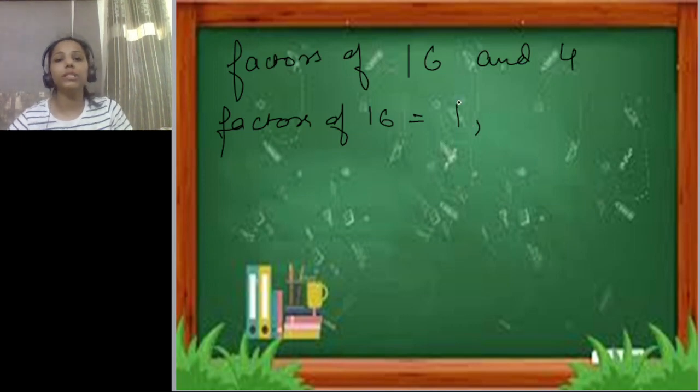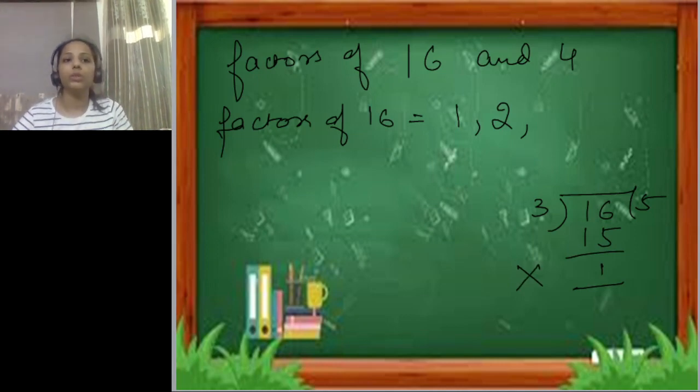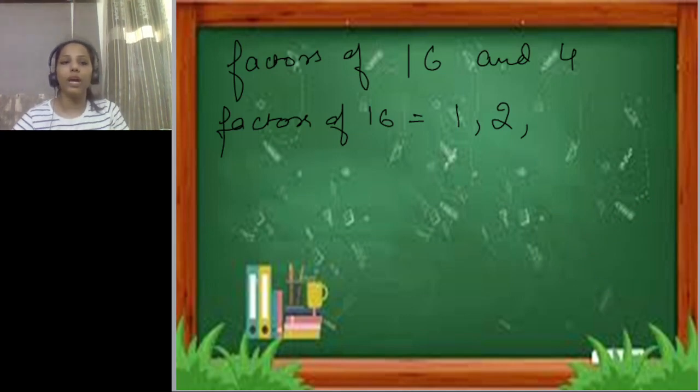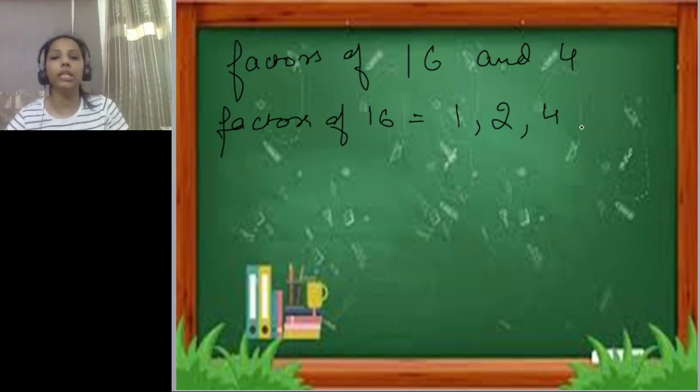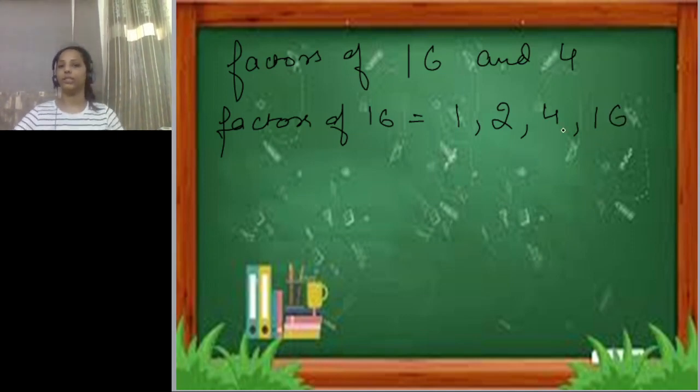It is an even number, so 2 is also a factor of 16. Is 3 a factor of 16? How will we check? We'll divide 16 by 3, and 3 fives are 15. Is the remainder 0? No. So it is not a factor of 16. Now we know 4 is a factor of 16. Similarly, we can check other numbers and find all the factors of 16.